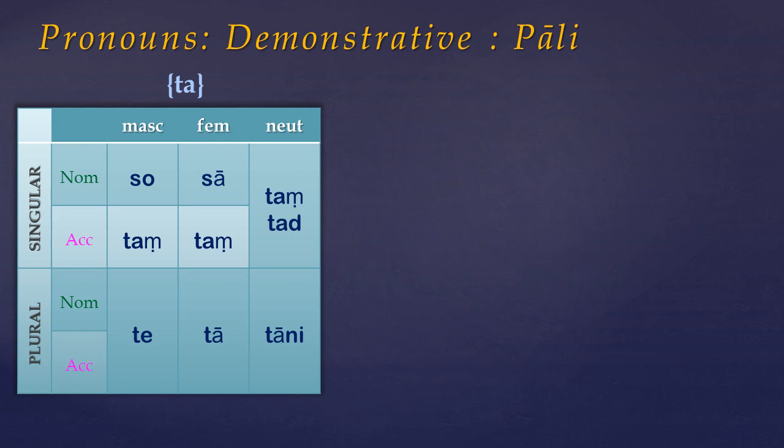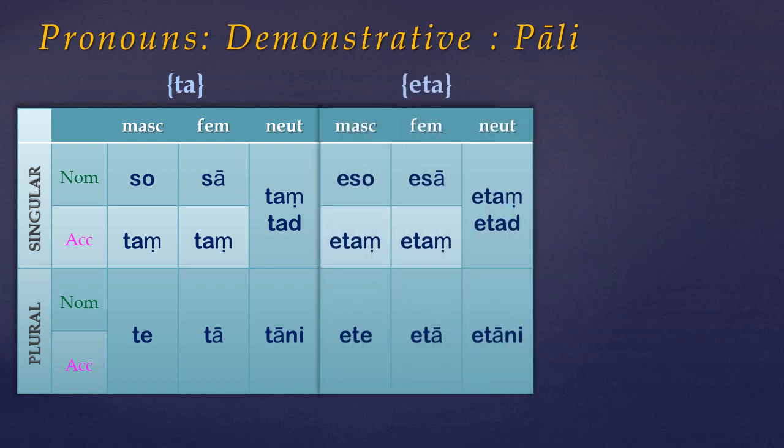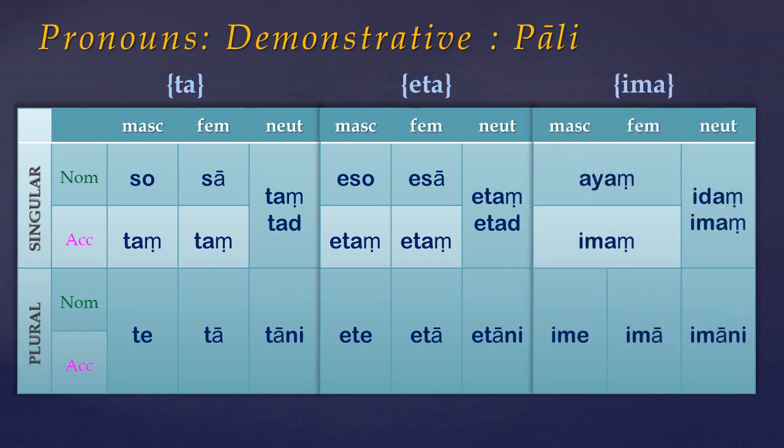Also, these third-person pronouns all derive from one stem, that is, they are declined forms from the stem ta. But there are other pronoun stems, and Warder details another two. Eta, which takes exactly the same forms as ta, but with an e sound in front, and ima, and these stems each decline for the three genders as well as by case and number. Now you might ask, why are there so many pronoun forms?